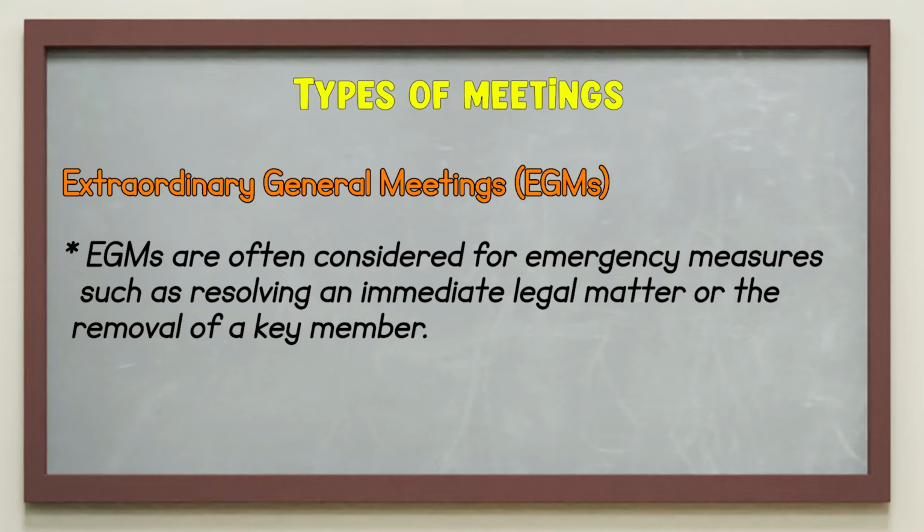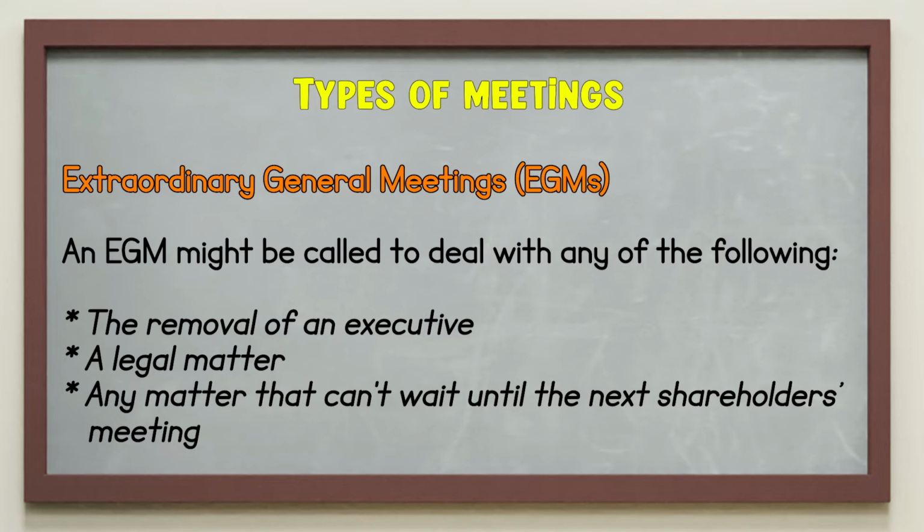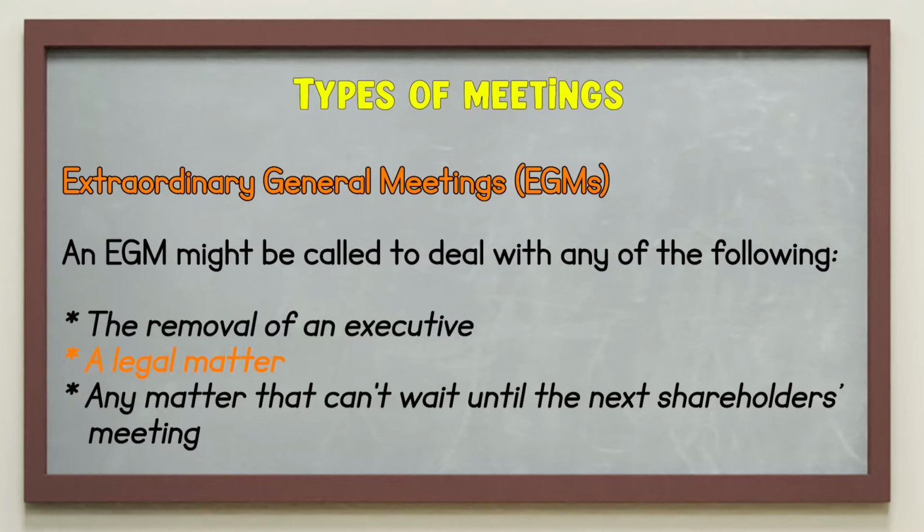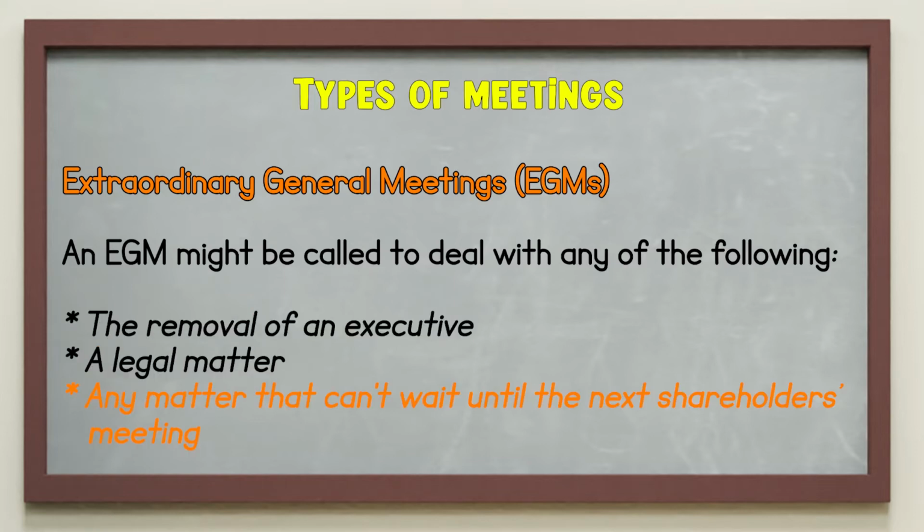EGMs are often considered for emergency measures such as resolving an immediate legal matter or removal of a key member. An EGM might be called to deal with any of the following: the removal of an executive, a legal matter, any matter that can't wait until the next shareholders' meeting.